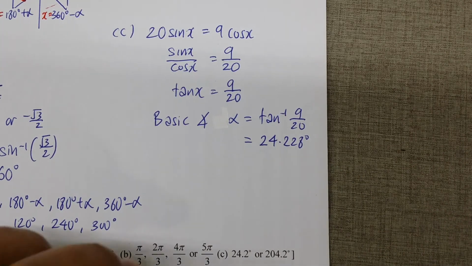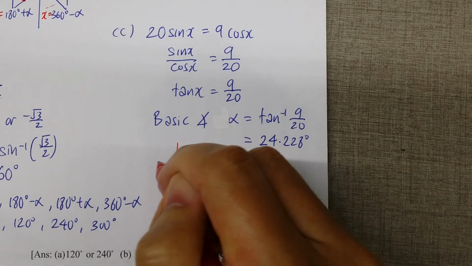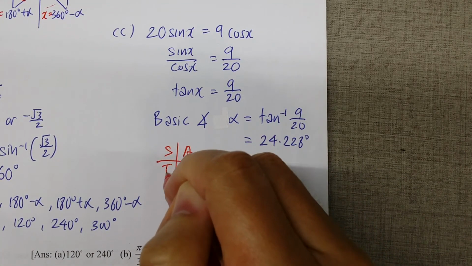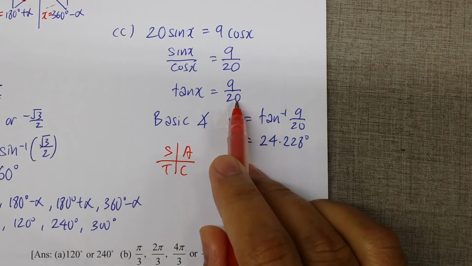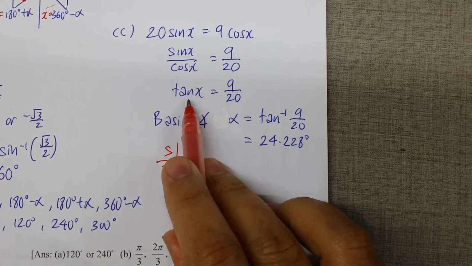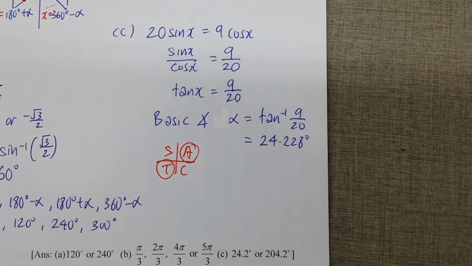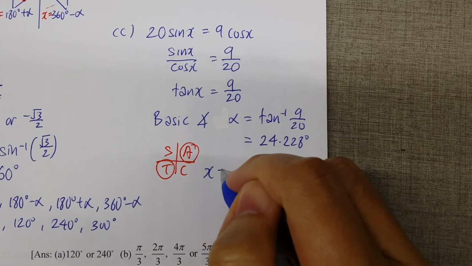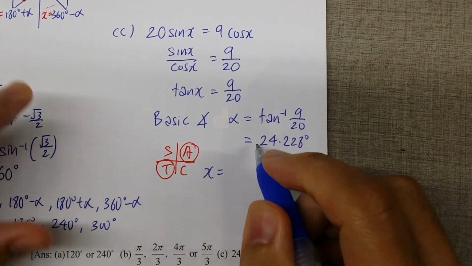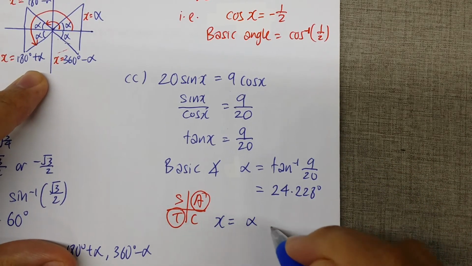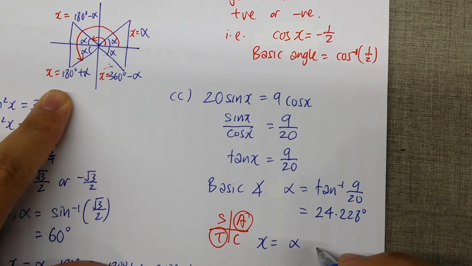Now ASTC, step 3, ASTC, tangent is positive. So first quadrant, third quadrant, x will be alpha or 180 plus alpha.